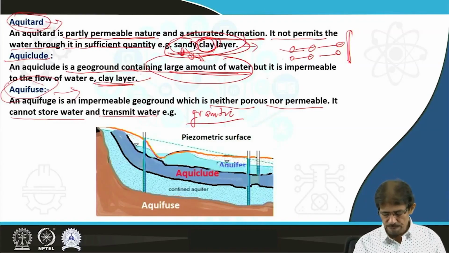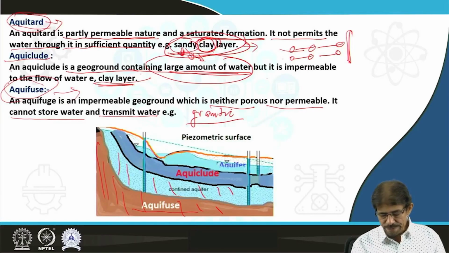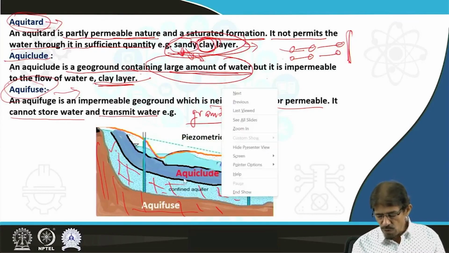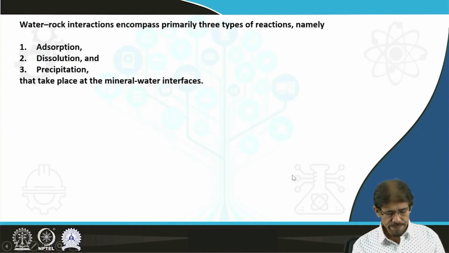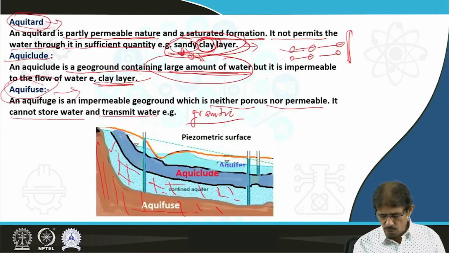Here, if you see, this zone is aquifuge, not going to allow any water. This zone, due to formation of fractures and others, is suitable to allow the accumulation of water, and the aquiclude is partially close to the aquifuge, not allowing transmission of any water, only providing space for the accumulation of water.